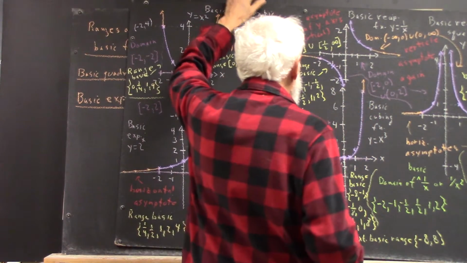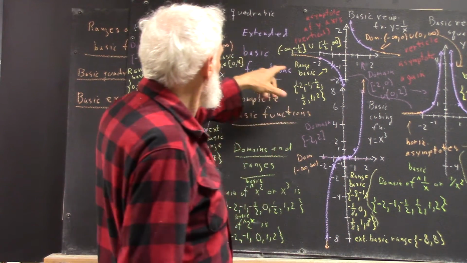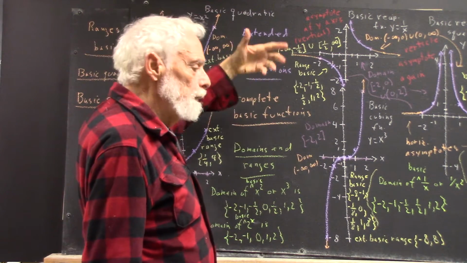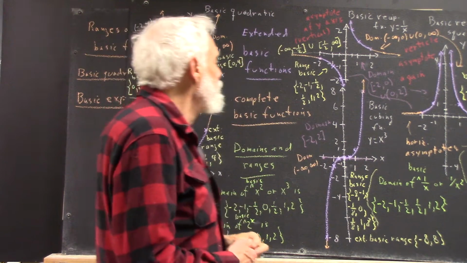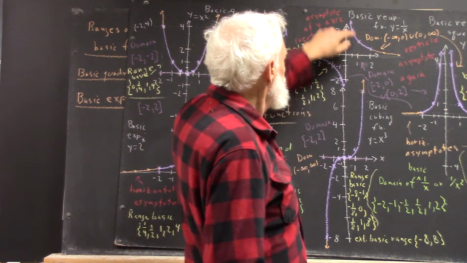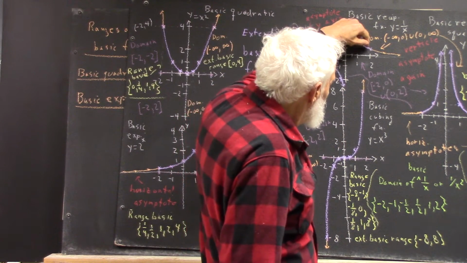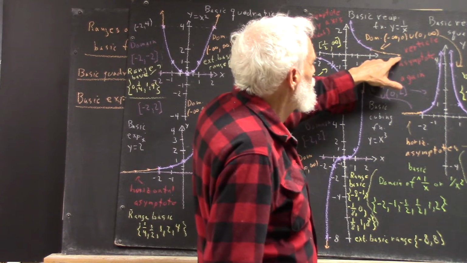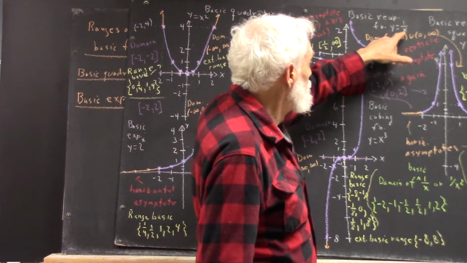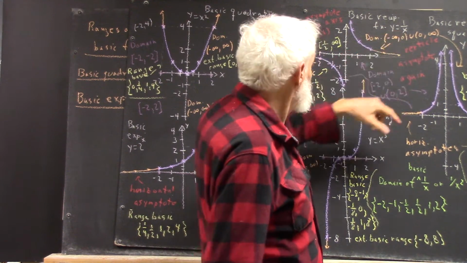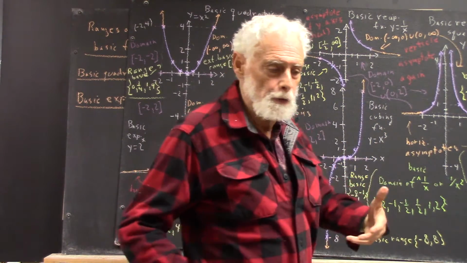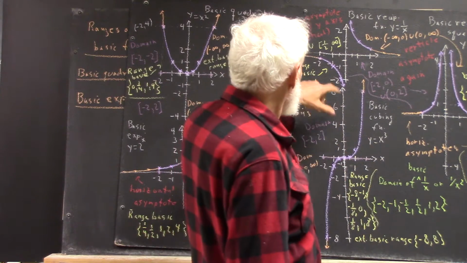let's take a look at that graph. For the basic reciprocal function, and not for the complete reciprocal function, I'm sorry, we see that we've already discussed when you take the complete function, you never reach 0 because there's no number whose reciprocal is 0. Very similar to the reason the exponential function never reaches 0.